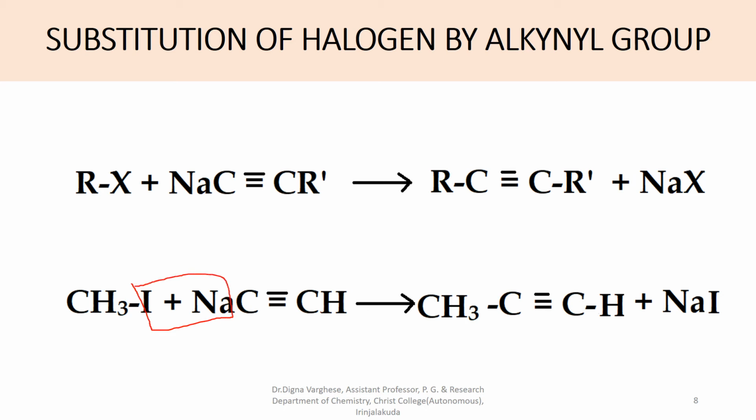Sodium iodide is eliminated here, forming propyne. 1, 2, 3 carbon atoms, so it is propyne. Here acetylide is converted into higher alkyne, that is propyne, by this simple reaction.